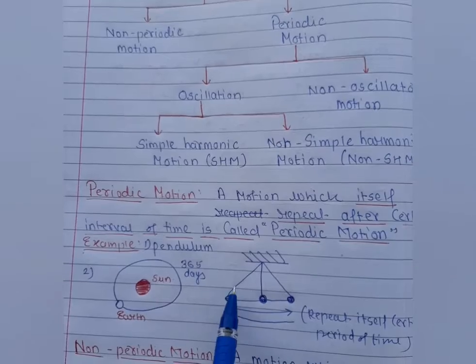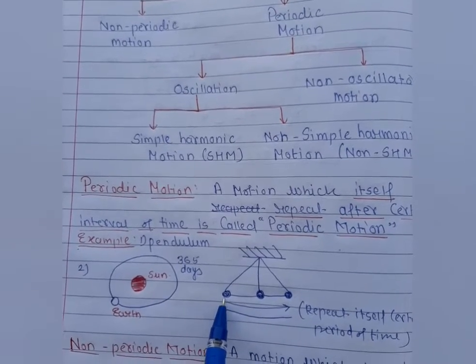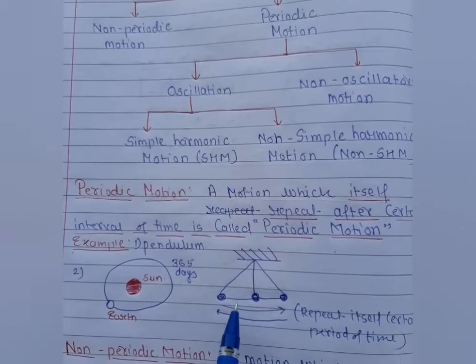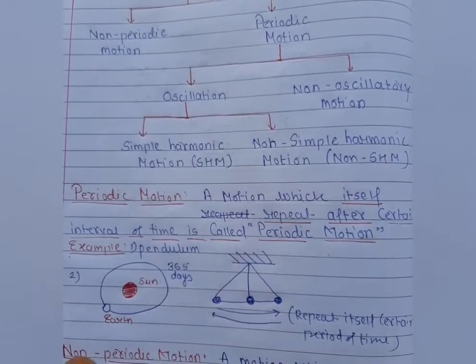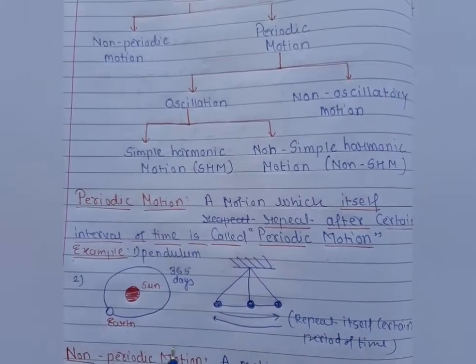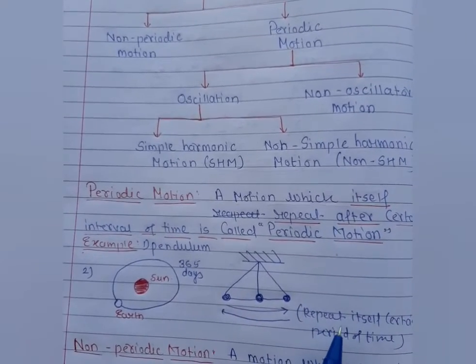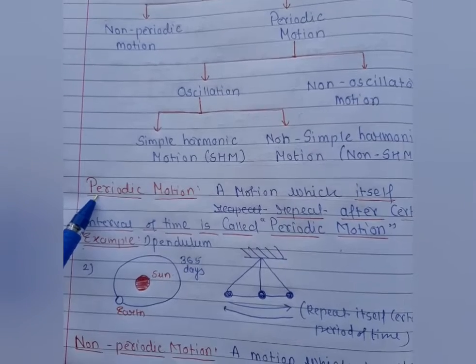So to and fro motion is going on. It means we are talking about one oscillation, then the second oscillation, and then the third oscillation. It means this oscillation happens after a certain interval of time, and this is called periodic motion.